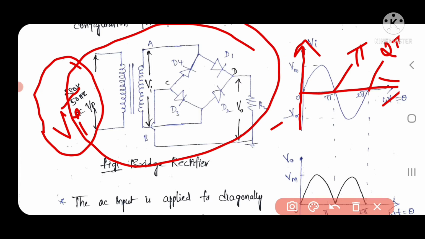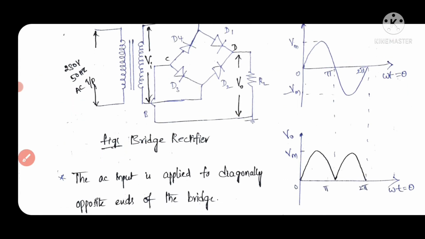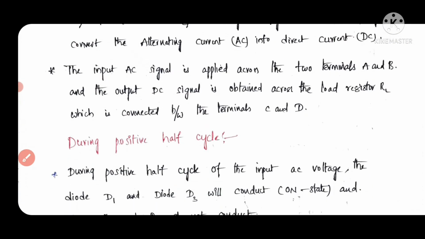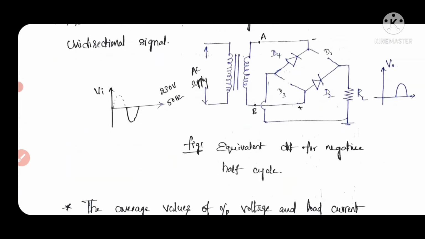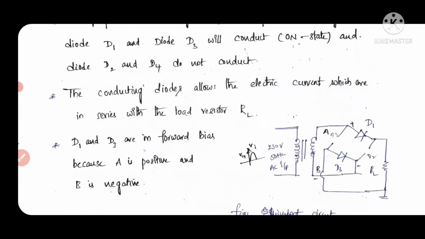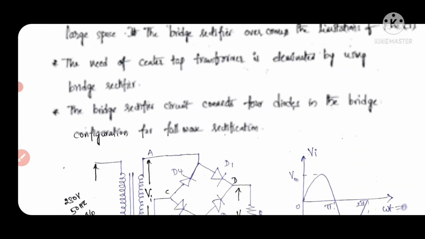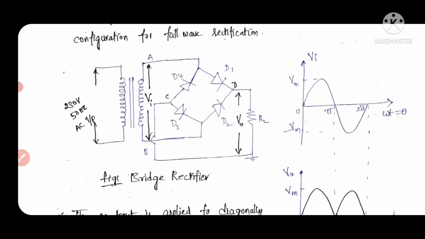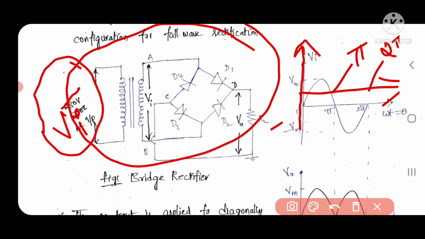Let us see what happens during the positive half cycle. This is the output. I don't want to take much more time, so I will use some notations for understanding purposes.